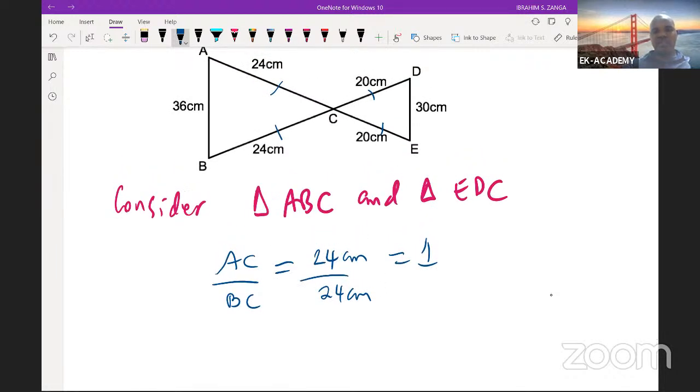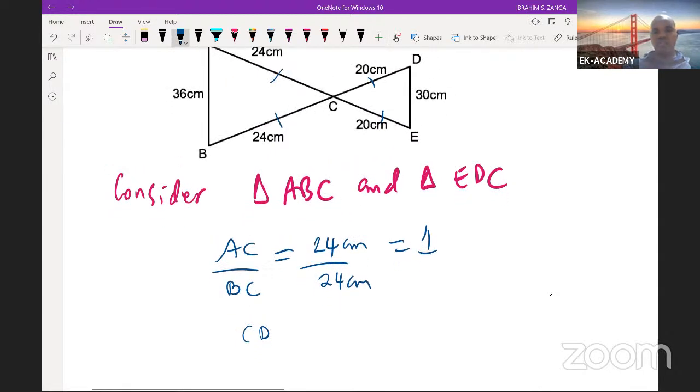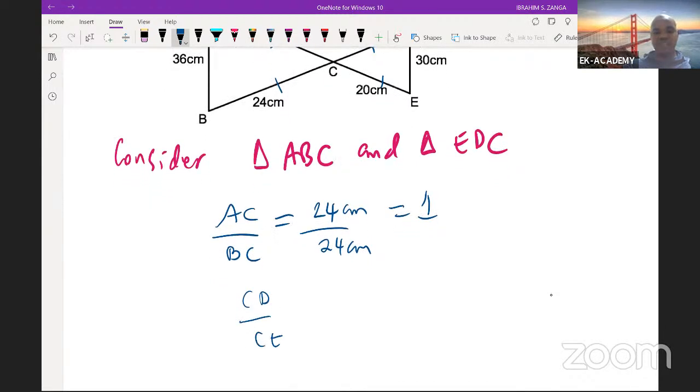And then when you take CD over CE, it is 20 centimeters over 20 centimeters equals 1.